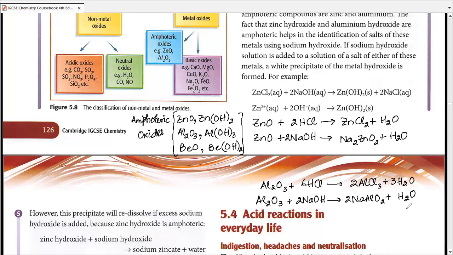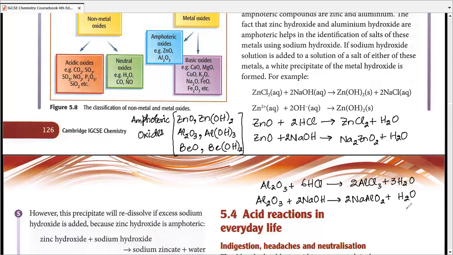All right. I see. So whether it's the example of zinc oxide or aluminum oxide, in both cases, they are acting in one equation with an acid and one equation with an alkali, neutralizing to form salt and water.